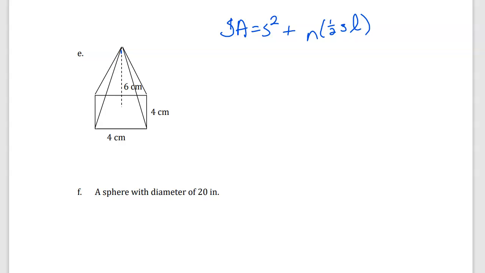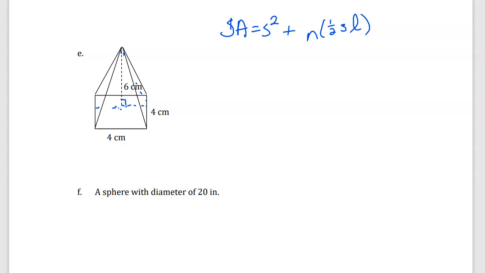Well, I don't have the slant height. I have this altitude. But I can find the slant height if I draw a triangle, because that would give me that slant height. This would give me that right triangle with one side being 6 and the other side being half of 4, because this whole thing is 4.